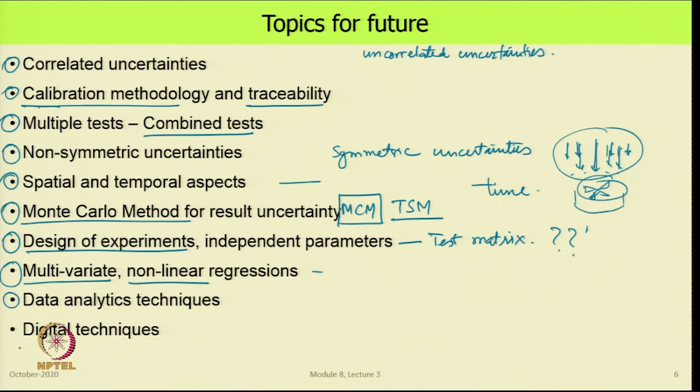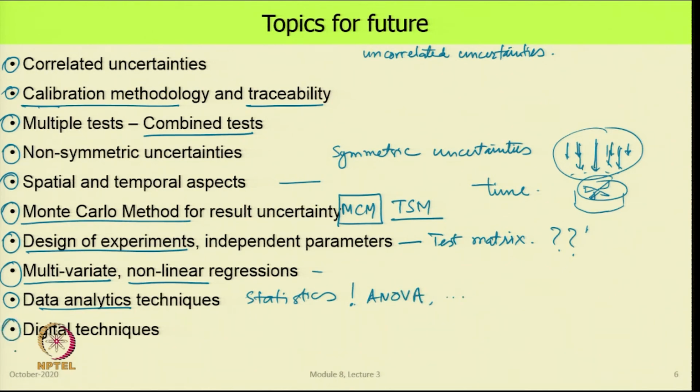Then we looked at various data analytics techniques. We have seen some data analysis techniques, but not many of the new analytical techniques that are there, and many techniques where you need various levels of knowledge of statistics. For example, ANOVA, analysis of variance, we have not looked at that.